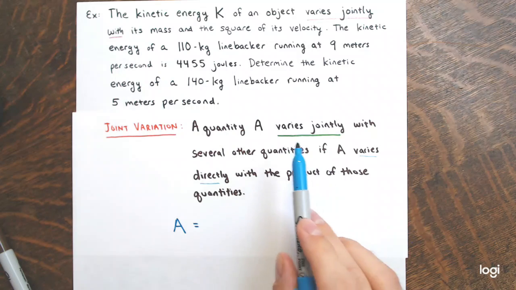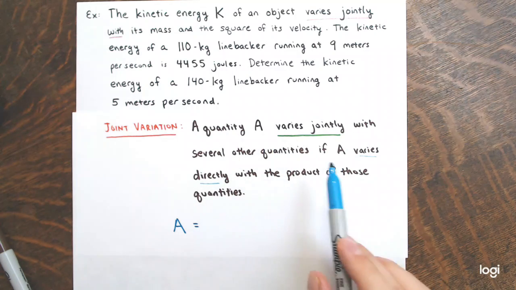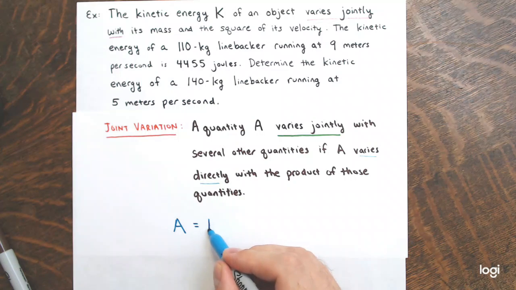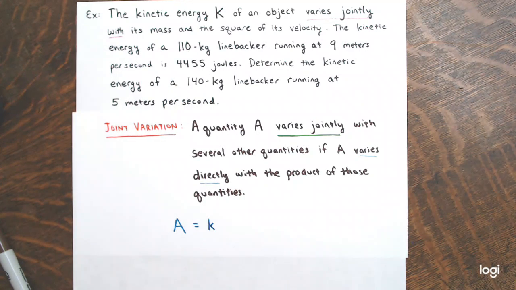So if I say that A varies jointly with several other quantities, that means that A is equal to some non-zero constant K, and that's going to be referred to as the constant of proportionality.